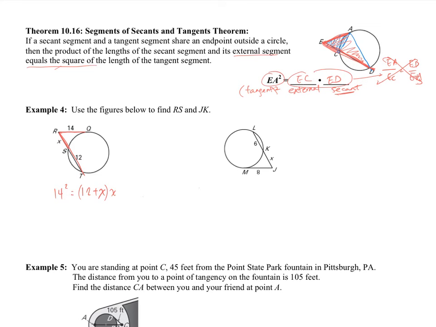So 14 squared is 196, equals 12x plus x squared. And then we can go ahead and use the quadratic formula because you can't really factor this one.